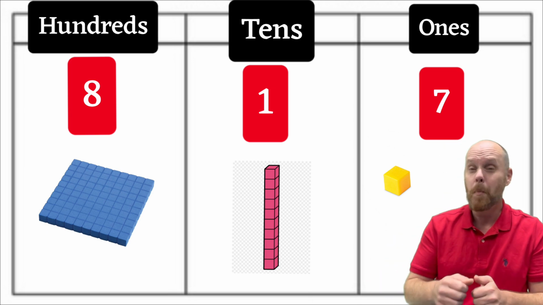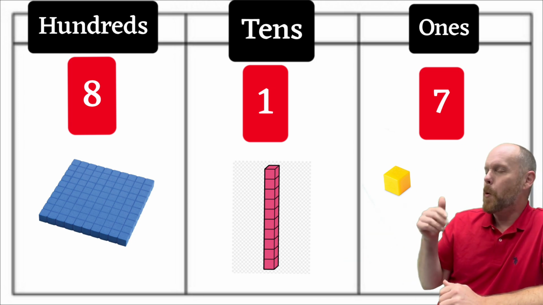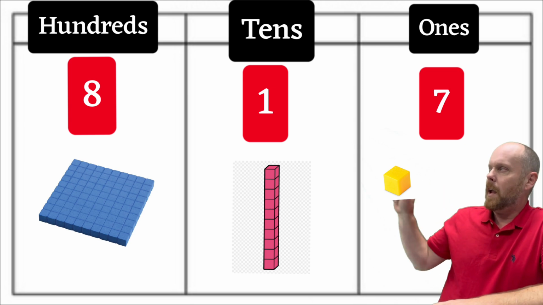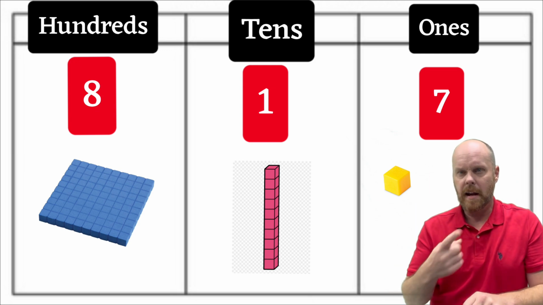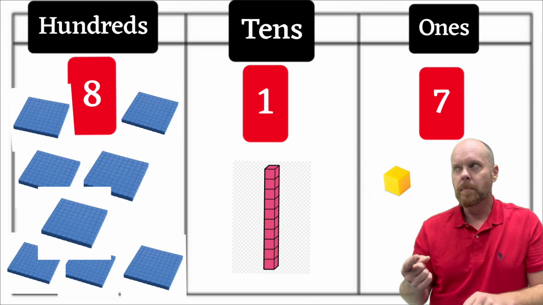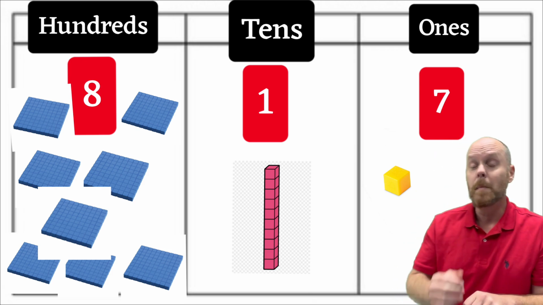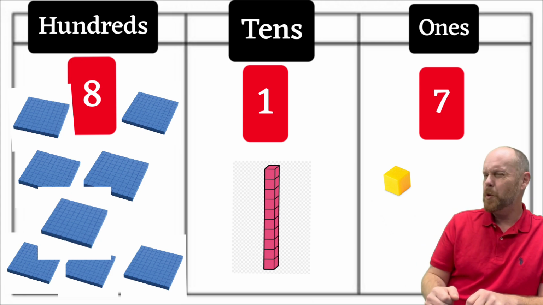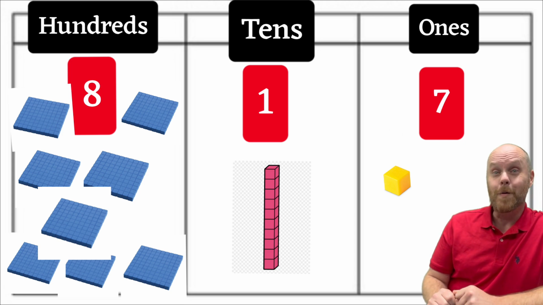Well, how do we use those to describe our number? Let's go back to our chart. Where it said 8 hundreds, I have 8 of these blocks. Can I use 8 of these blocks to equal 800? Yes, I can. So I'm going to put those up there. So there's 8 of those blocks. How many 10s do we have? Just one. So we're only going to need one of those.